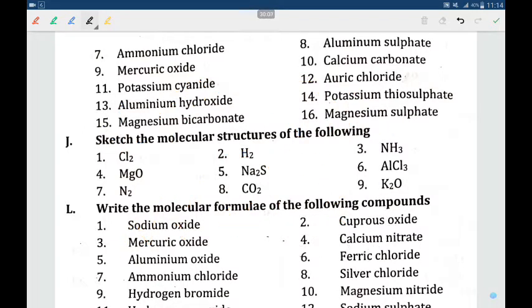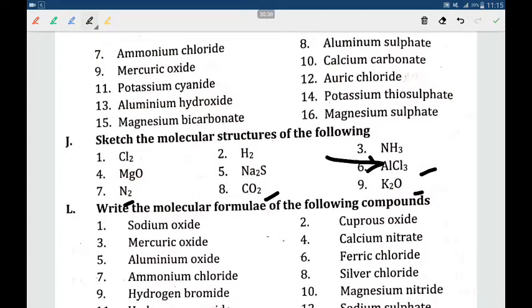Friends, what did I do? I have guided up to 5, now 6. You do yourself. Try. The main thing I want to give you an idea of: if it is given AlCl3, here is presence of electrovalent bond; here is presence of covalent bond, CO2 covalent bond, K2O.